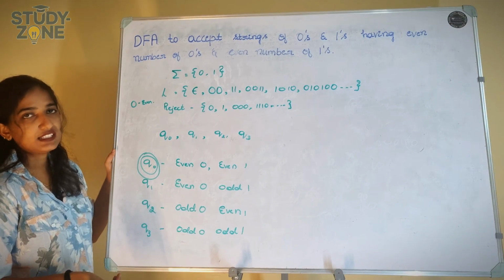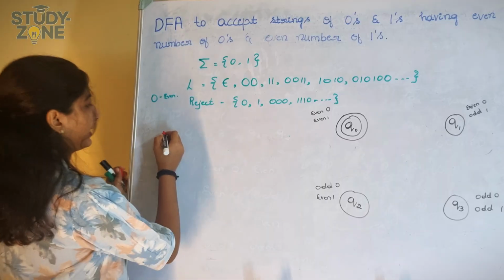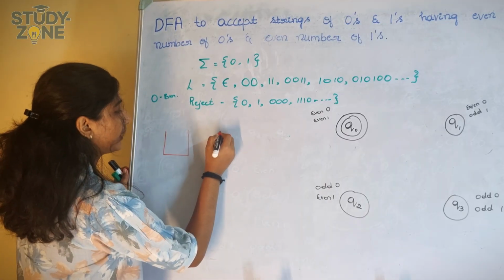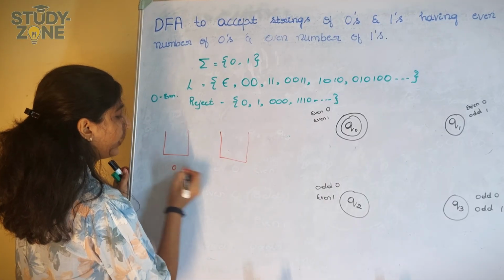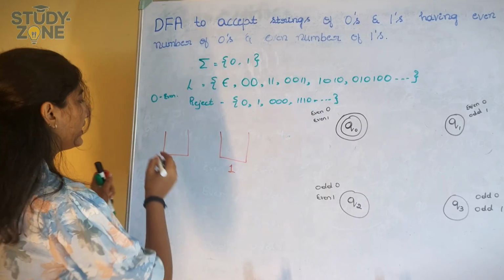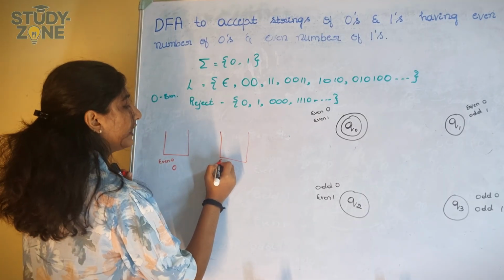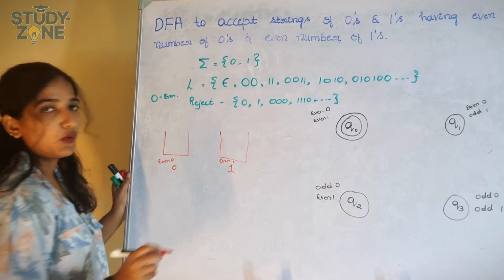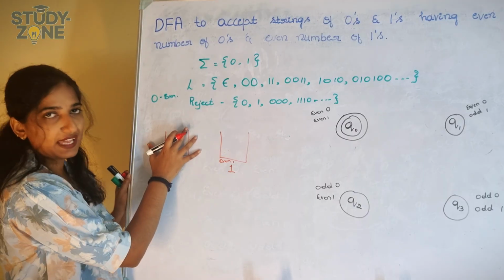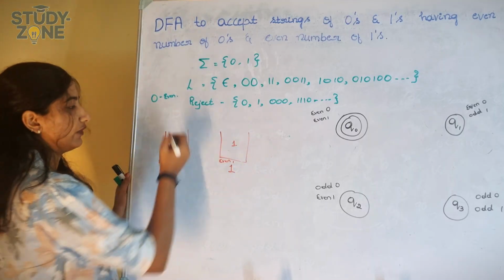So let us write the transition diagram. Now let us take two baskets. One basket is for 0 and one basket is for 1. At first we have even 0, even 1. Now I will keep the 0 basket as it is and add 1 to the 1 basket.